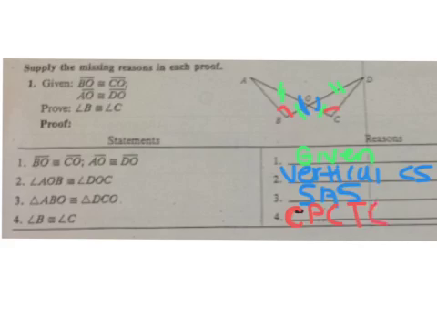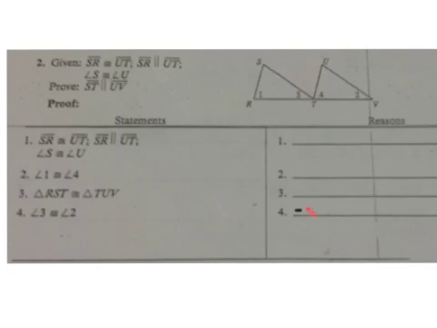And our last proof. All right, so this last proof, let's see. Ooh, we are told some good stuff on this one. It says SR is congruent to UT. SR is also parallel, sorry, I can't draw it small.